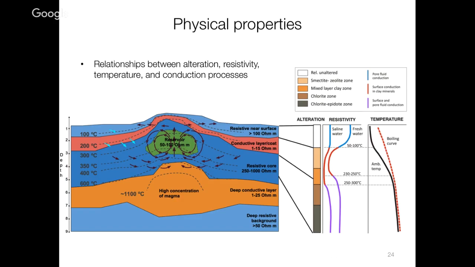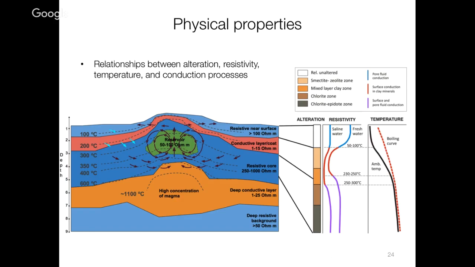So you get a layer of smectite, that's a conductive clay that's sitting here, and you end up with a structure that looks like this. At the top you've got a resistive near surface region. Then there's this clay overcoat. And then underneath here, you've got a resistive core and then your heat source.